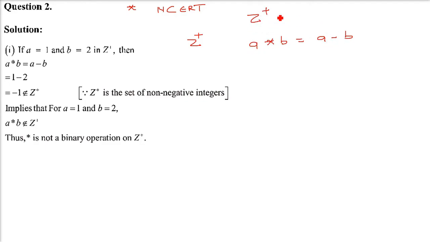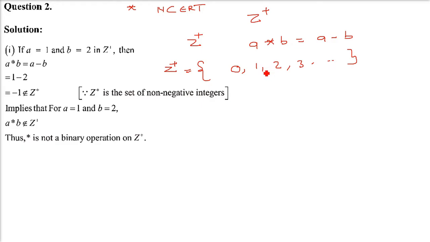Let me tell you Z plus again. Z plus are all the positive integers. If you take Z minus, that will be negative integers, and Z is all positive and negative integers. So 0, 1, 2, 3, like this, it goes up to infinity. This is Z plus, the set of non-negative integers.